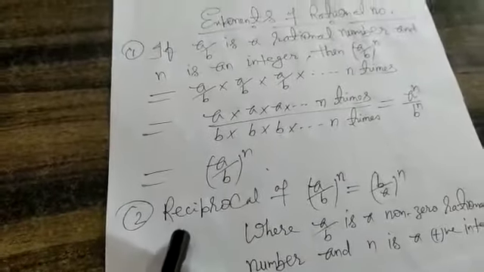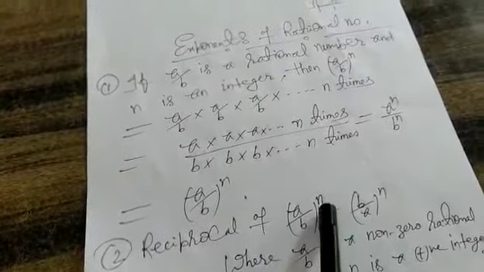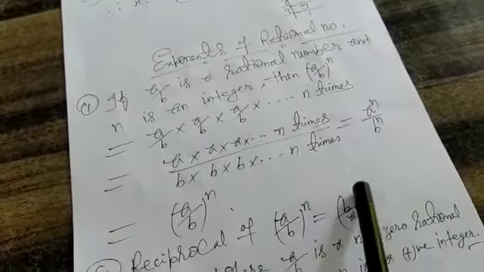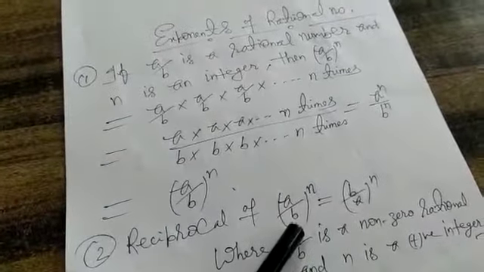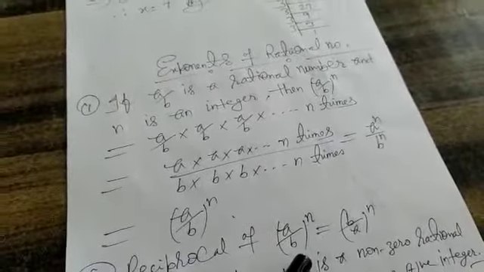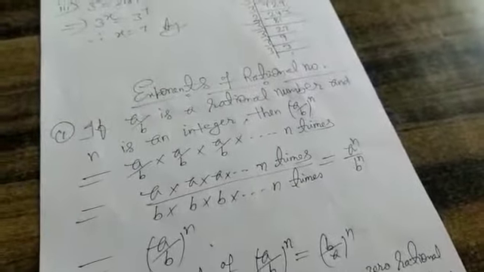Second topic is the reciprocal of (a by b) to the power n, which is equal to (b by a) to the power n. It means that if a by b is a fraction, then its reciprocal will be b by a.